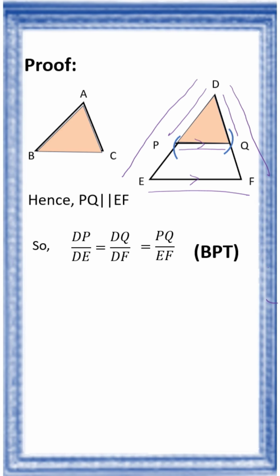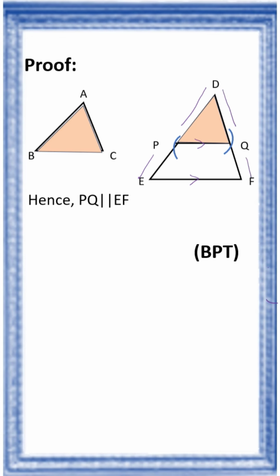I am writing the ratio, but there is a problem. We haven't proved this theorem yet, isn't it? We have to prove the result. So we only know that DP by PE is equal to DQ by QF, because of BPT.